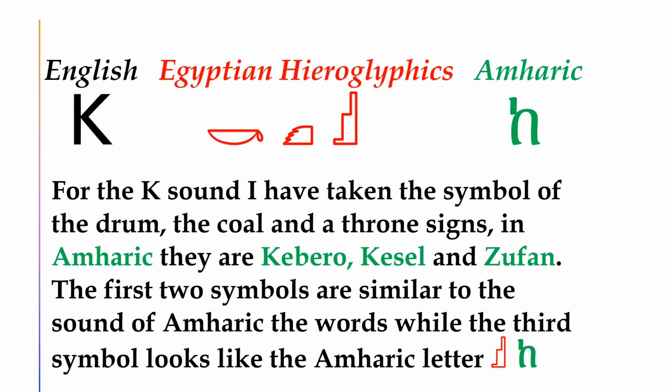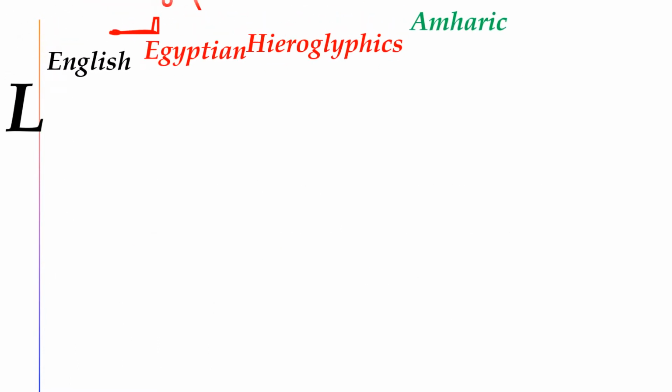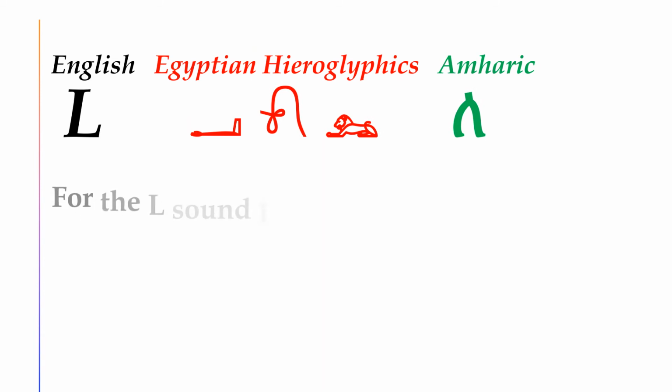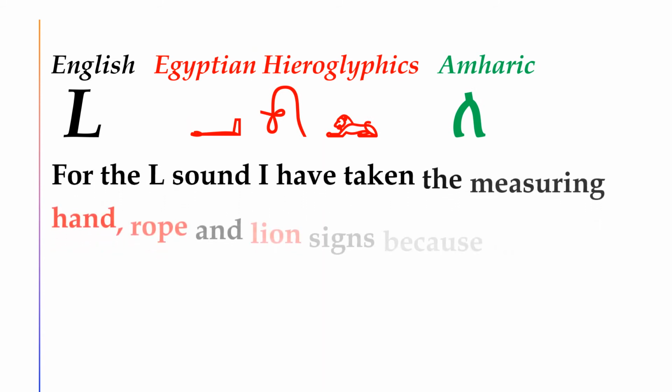If you cut off that, it looks so similar to the K of the Amharic sign. And you keep wondering, is Amharic a direct descendant of the Egyptian hieroglyphics? Were there the same people in ancient time, same people sharing language and culture? It seems like that. Then comes the next letter, which is the L letter, the L sound.